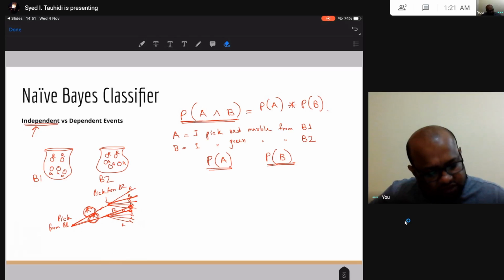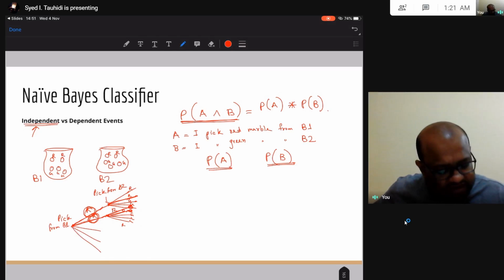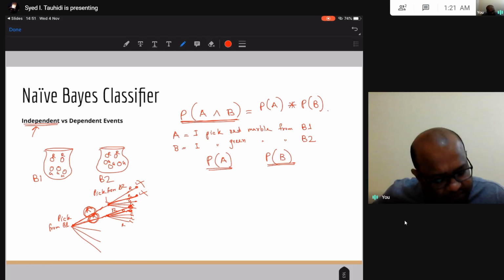So there were 3 events which are not of my interest. These are 2 events of my interest. Here I am picking a red again, here I am picking a red again, not of my interest. Here I am picking a green after picking a red from bag 1. Here I am picking a green. Here, here, here, here, and here.